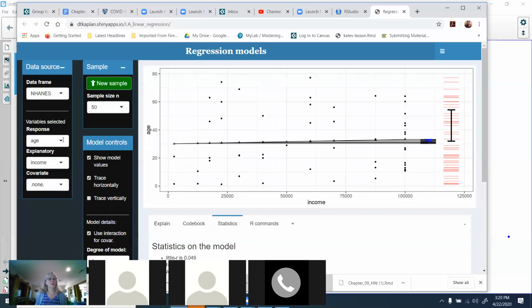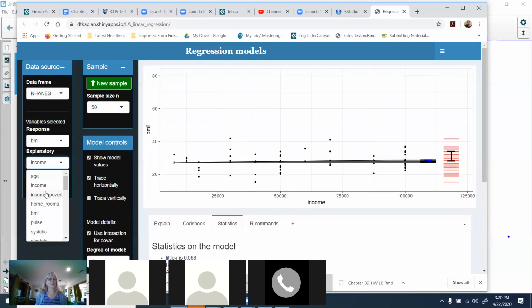Okay, so you did BMI, and then you did sleep hours. I'm going to find sleep hours. I'm not finding sleep. I know it's here.